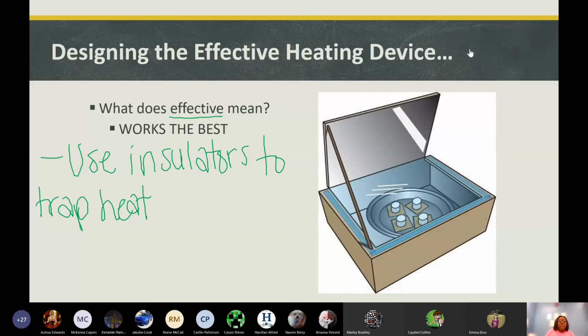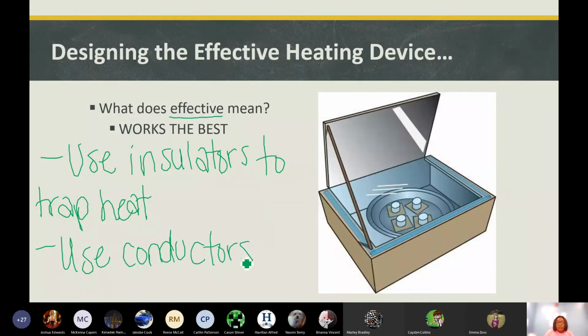We also want to make sure that we use conductors to carry heat.